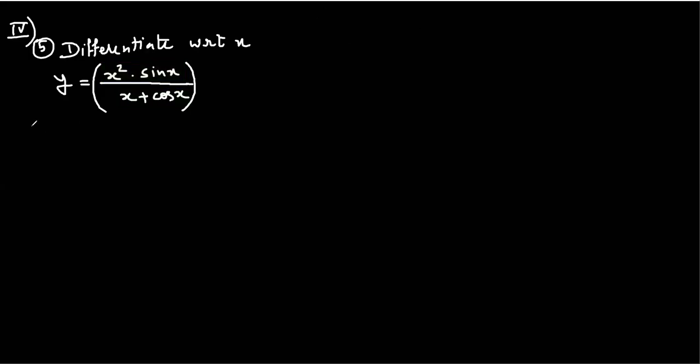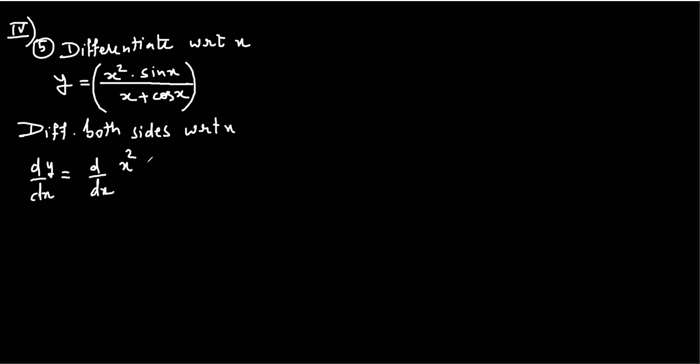So I write differentiating as usual, differentiating both sides with respect to x. So I have here d by dx of y equals d by dx of x square sine x divided by x plus cos x. So this will get me the division rule.